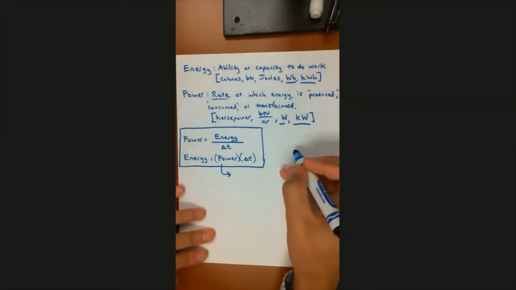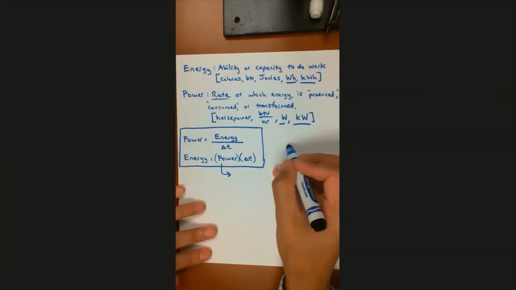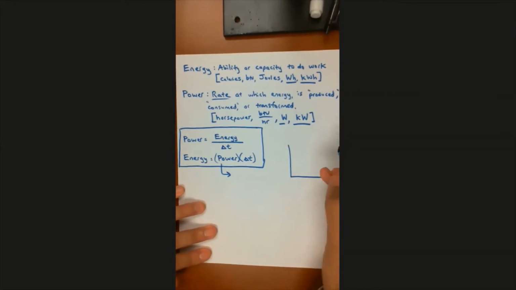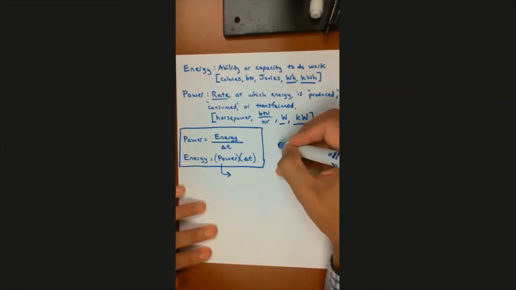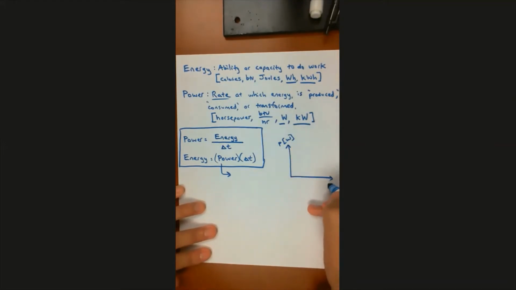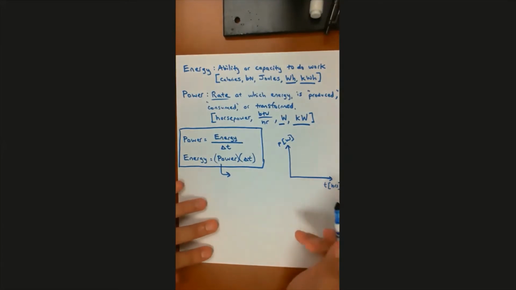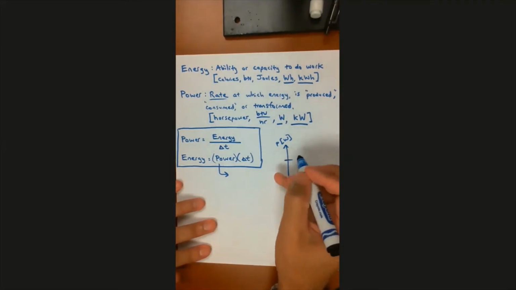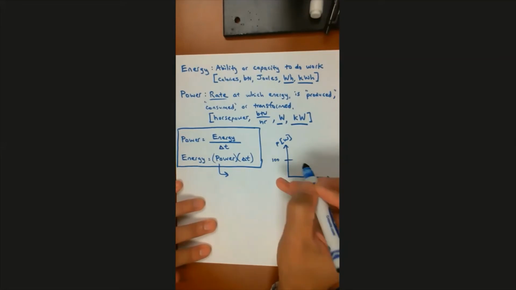All right, so let's say that we plot power versus time. Power in watts versus time in hours. For something really simple, let's make it super easy, like a 100-watt light bulb. All right, so here's 100 watts.